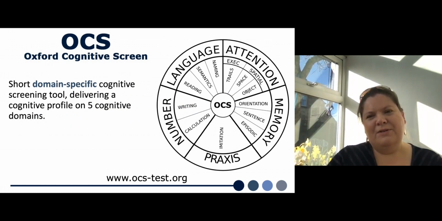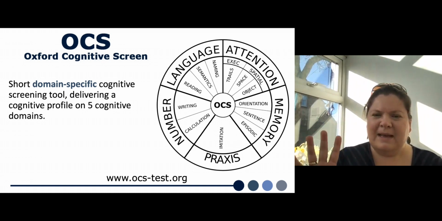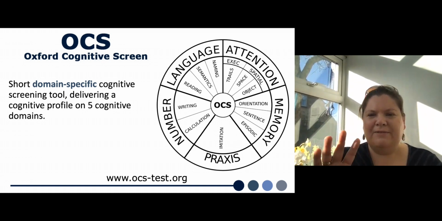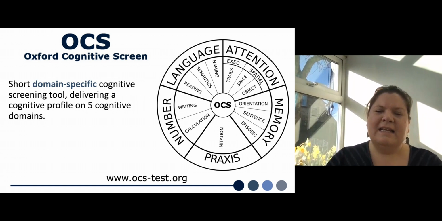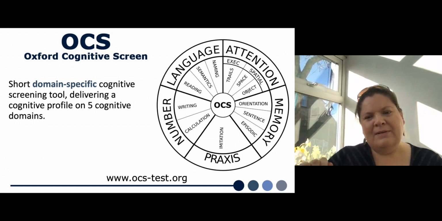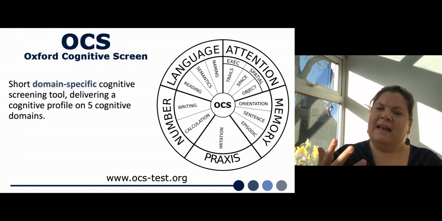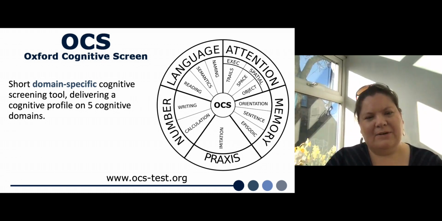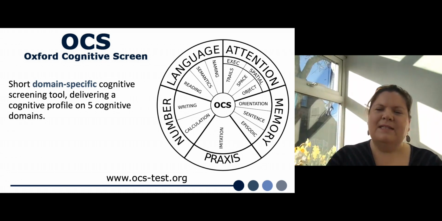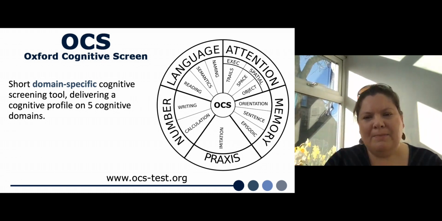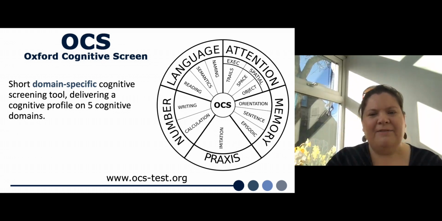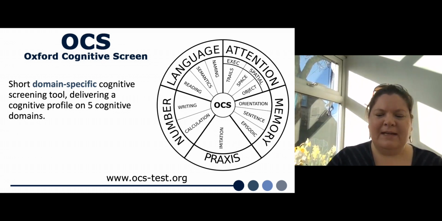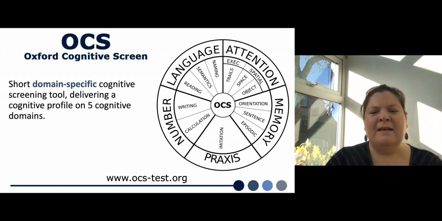We've chosen to go with this visual snapshot report, so you can see those different domains, and the idea is that people cross out the areas that are impaired and leave open the areas that are okay. Basically what it gives you is, at a glance, a quick profile looking at these different domains together and where the strengths and weaknesses are. The 5 domains that are included in the OCS are language, attention, memory, praxis, and number abilities.